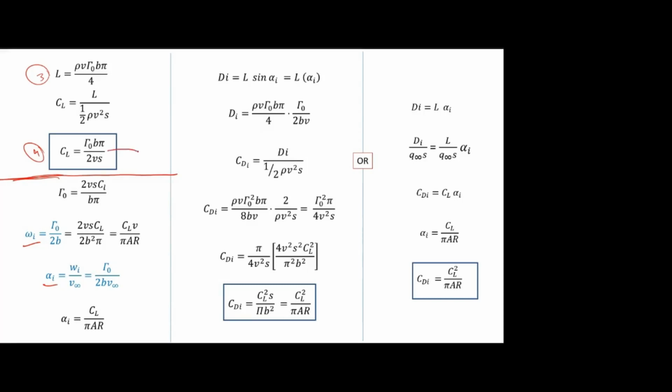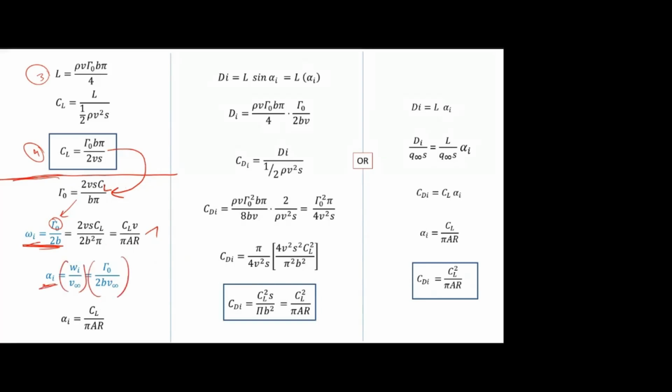If you rearrange this equation for gamma naught, you will get 2VS CL divided by b pi. And wi we already found, gamma naught divided by 2b. So instead of gamma naught, substitute this in terms of CL, simplify, you will get CL V divided by pi AR. For alpha I, we have two equations.